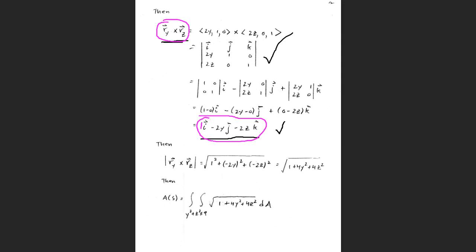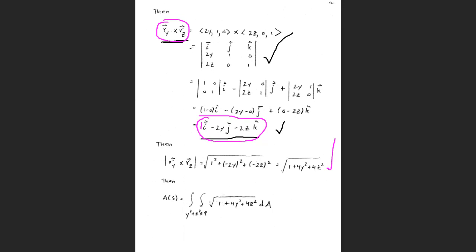If we did RZ cross RY, we'd get negative i plus 2yj plus 2zk. But when you find the length of that vector, it'll be the same as the length of this vector that we have. So the length of our vector is the square root of 1 plus 4y squared plus 4z squared.